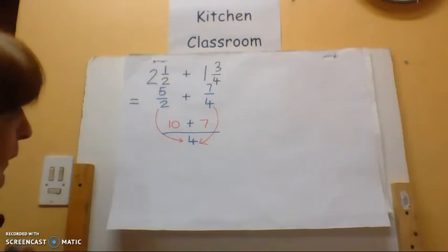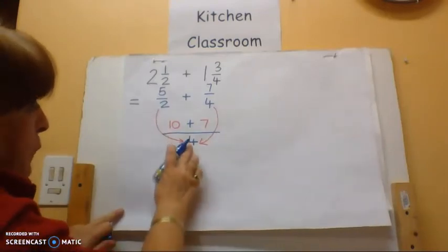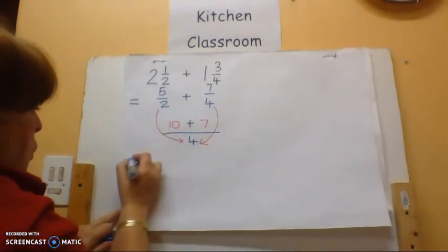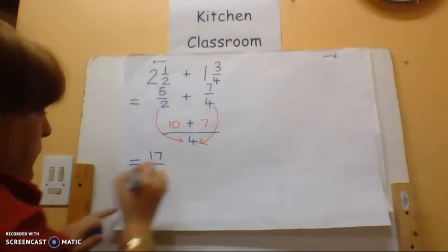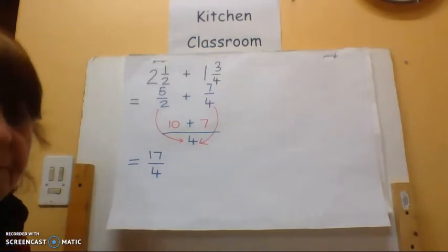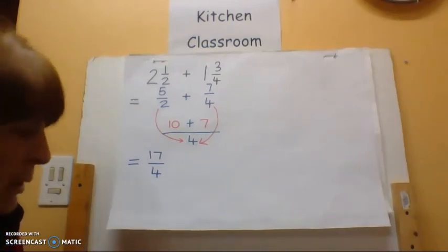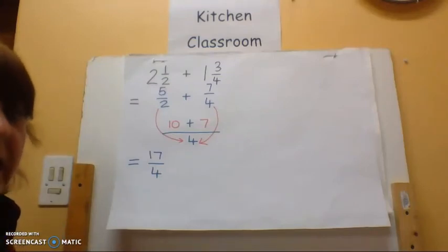Now, the next step is add my numerators. So I've got 10 over 4 plus 7 over 4. I have got 17 over 4. If you read your note, it will say you will be left with an improper fraction. An improper fraction is top heavy, so it is crying out to be turned into a mixed number.